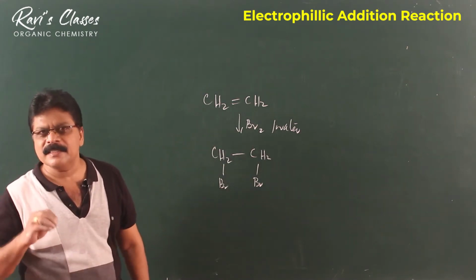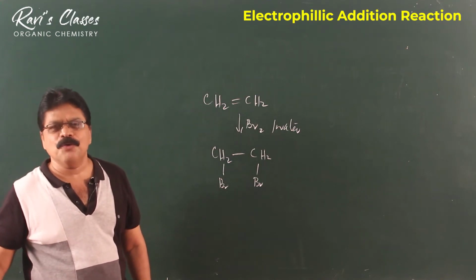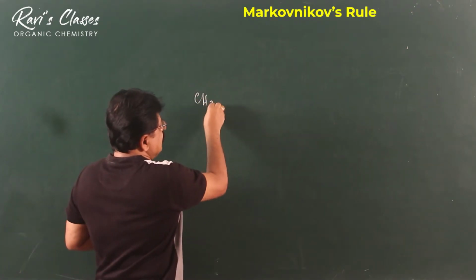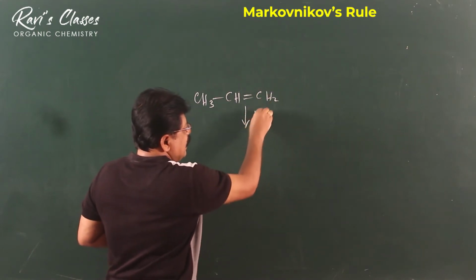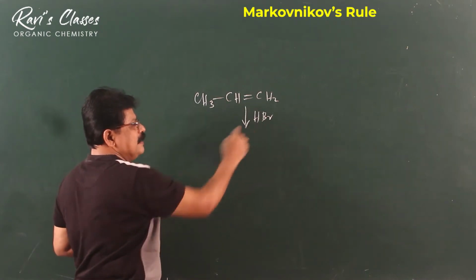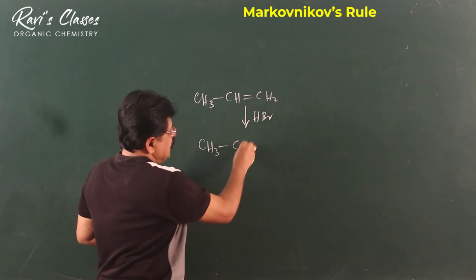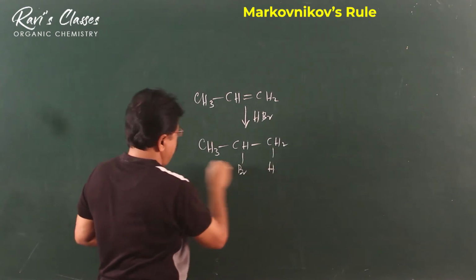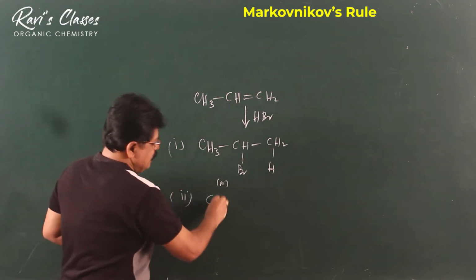So, here we will be talking about a very important, basic rule, which almost all of us know. It is called Markovnikov's rule. Whenever an unsymmetrical double bond is treated with an unsymmetrical addendum, there are two possibilities. One possibility is this, and the second possibility is this.